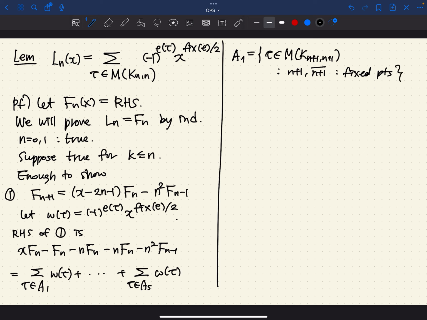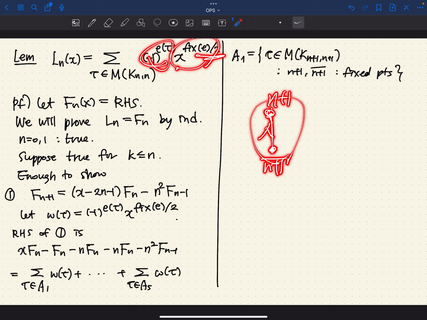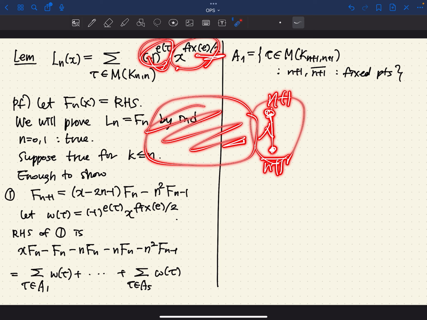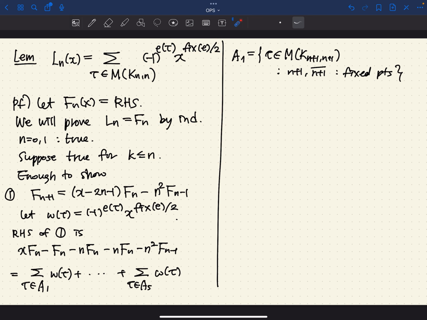So you don't connect this with anything, you just leave it there. So they are fixed points. It will contribute exactly 1x because we divide this by 2, and this will not contribute this. So the remaining part is exactly the same thing with the size n decreased by 1. So that's exactly this part. That's basically the idea.